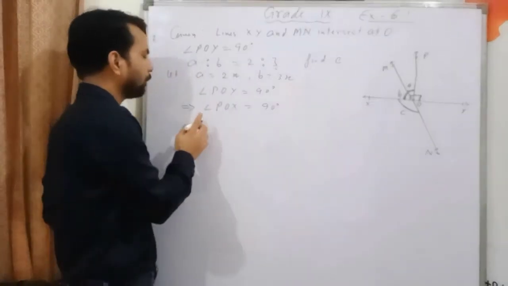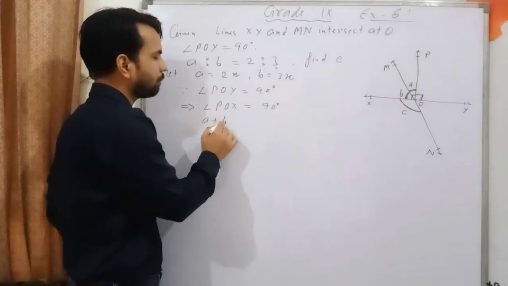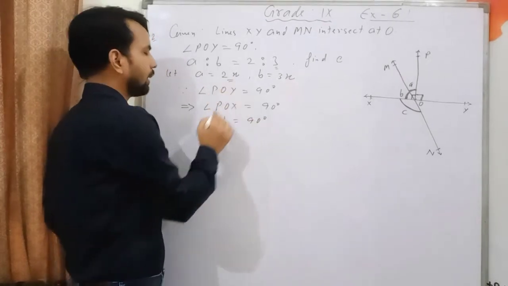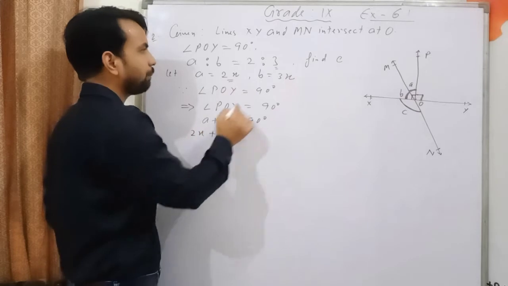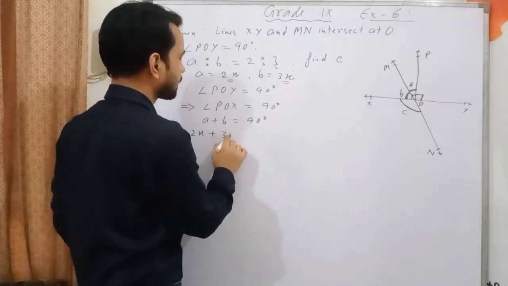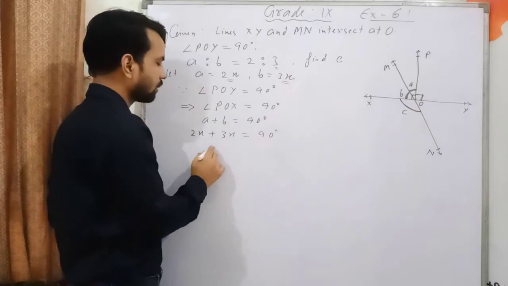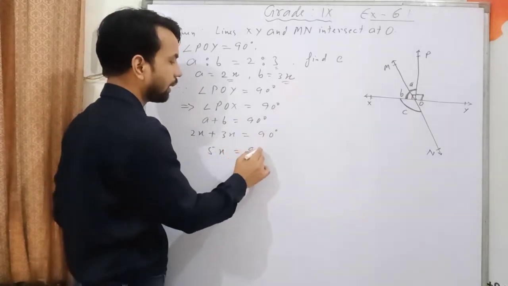So in place of POX, I will write A plus B equals to 90. Now the value of A is 2x plus B is 3x equal to 90 degree. 2x plus 3x is 5x equal to 90 degree.